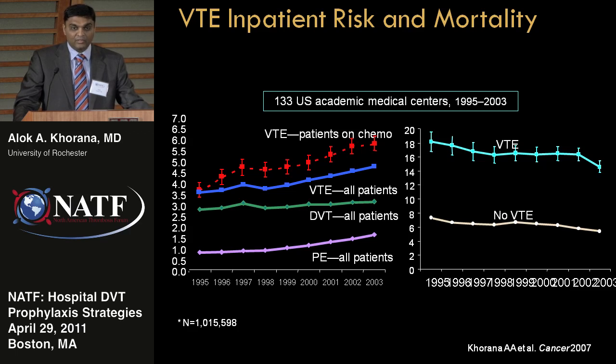And every year that we looked at this, the rates were more than double. And some years it was even 3-fold increased rates of dying. And if you factored in all the other variables that are associated with mortality, we continue to see a strong and independent association of VTE during hospital admission and in-hospital mortality during that same hospital admission. And this again ties in very strongly with the risk of dying for cancer patients who develop blood clots.